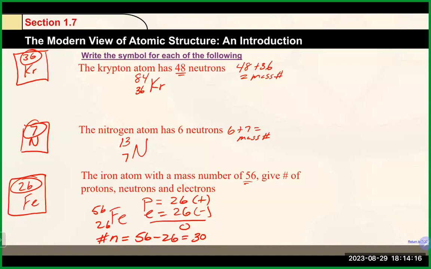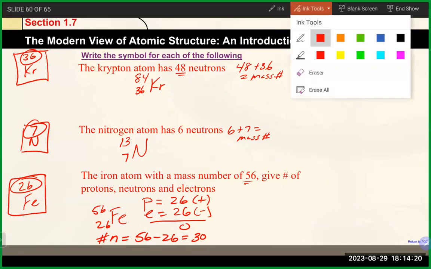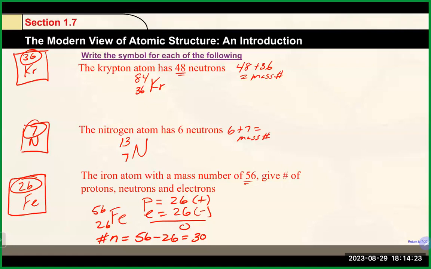Now, what happens if we did have something that had a charge? How does that affect it? Let's take a couple of these examples. Obviously in this case, for this nitrogen, we have protons 7, electrons 7, and that gives us no charge. And our number of neutrons here would be our 13 minus 7, which is 6.